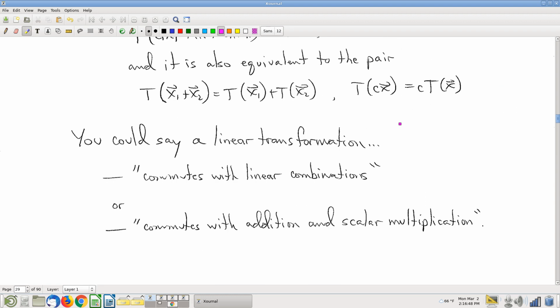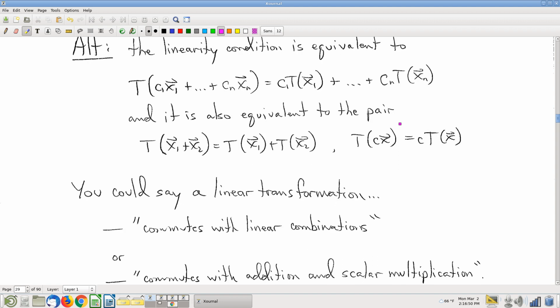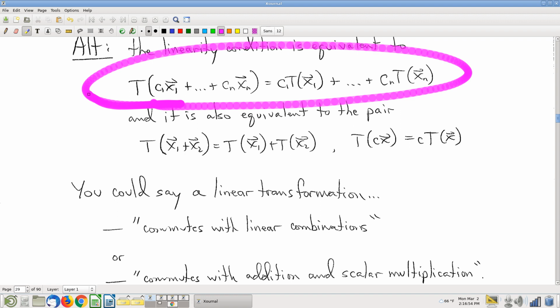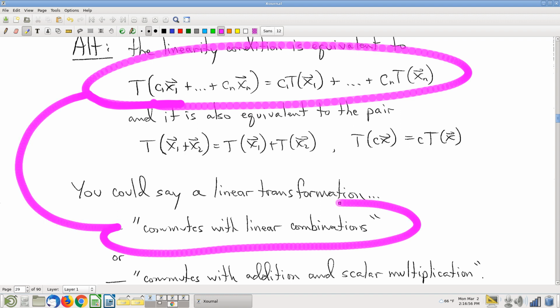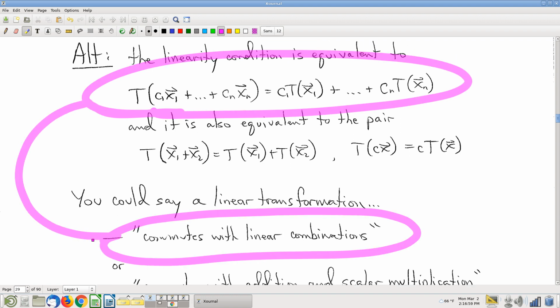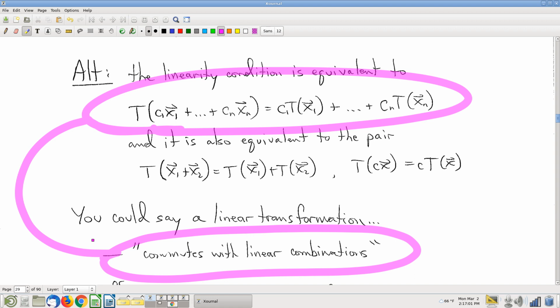Okay, and then a little bit of lingo. This condition. You'll hear people use the following term quite a bit. People say that a linear transformation commutes with linear combinations. Y'all remember, I hope, this term commutes. Commute suggests, in a different usage of course, that you can go in either order.